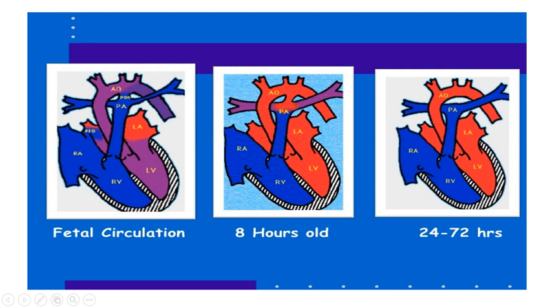And during 24 to 72 hours after birth, the ductus arteriosus closes and circulation is almost that of an adult. The foramen ovale is closed and the ductus arteriosus is also closed.